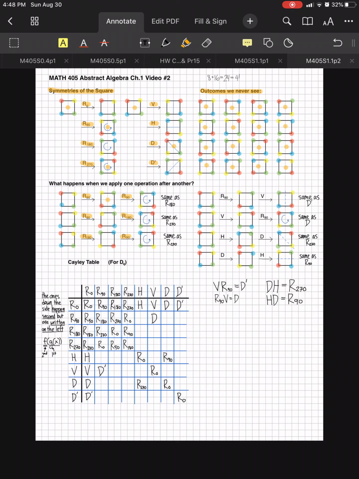It's like a Sudoku in that sense. There's no squares that are broken up that way, but each row and column, you never have 2 D's in the same row, or 2 V's or 2 R270s in the same column. So that can save you a little bit of time. So go ahead and try to finish these out.